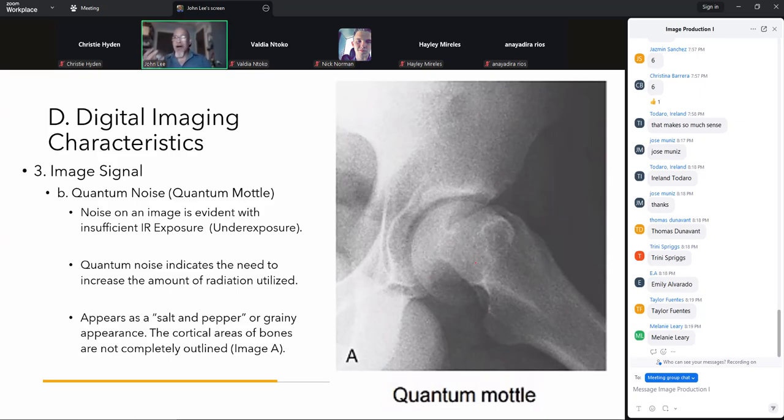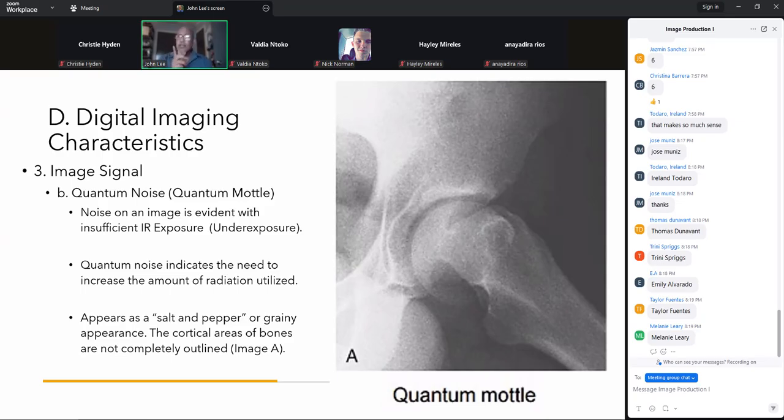Quantum mottle refers to the fact that there's a lack of exposure in enough of these areas throughout the image that it looks grainy. Okay. So anytime you see quantum noise, you'll probably need to repeat it and increase your technique. Your mAs needs to go up.